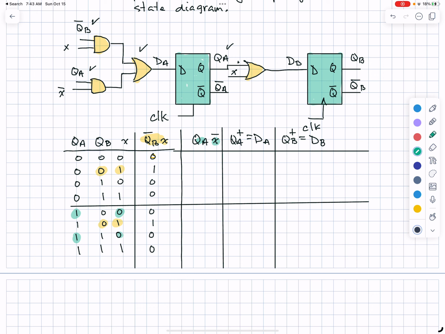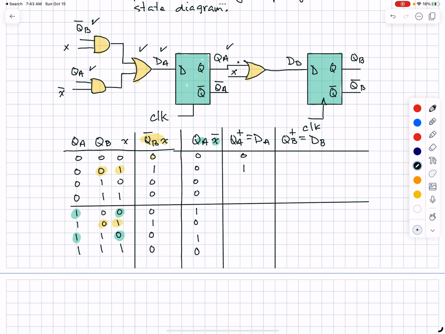Those are the only two places where that's true, and so I mark the 1s for those two entries. The rest of these would be 0s. From there, DA, which gives me the next state for QA, is just the ORing of those two columns.